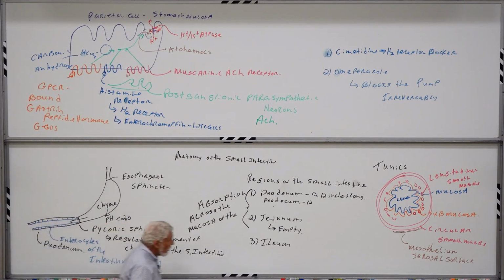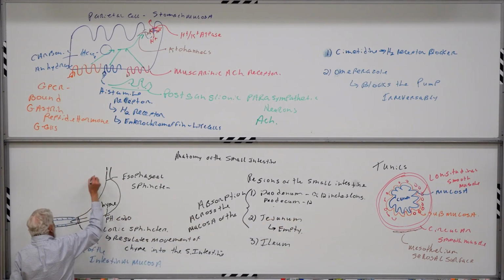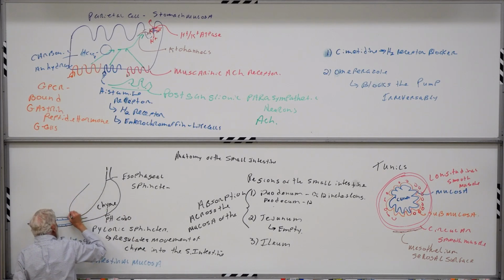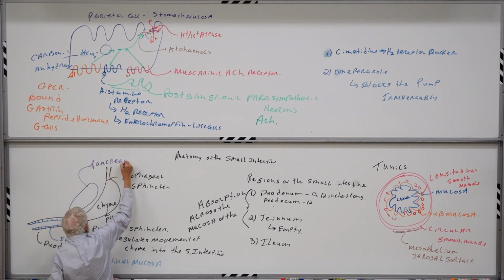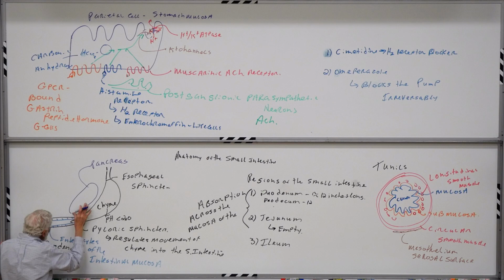There's a structure here. I'll put it in purple. I'm going to exaggerate its size so I can work with it a little bit. This structure is meant to represent the pancreas. The pancreas has a tube that enters directly into the small intestine.